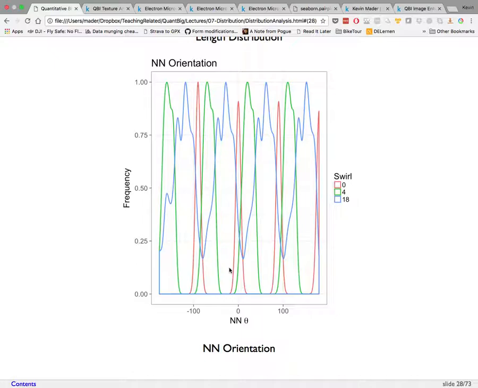And so in our 0 system, you had very narrow peaks at 0, 90, 180 and 270. And as you start to swirl it more, these peaks shift and get broader and broader. And so that would be a starting point for analyzing these kinds of systems, where you could then see what these peaks are and how much they are changing.